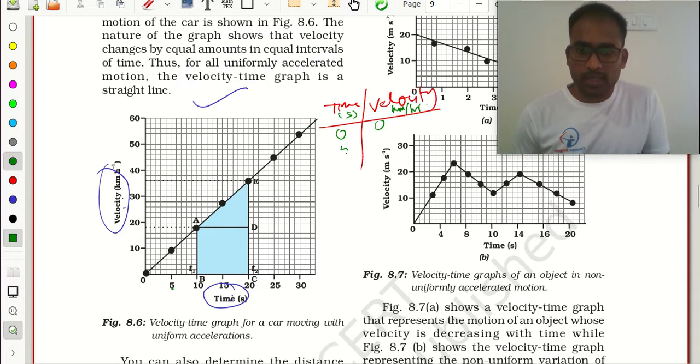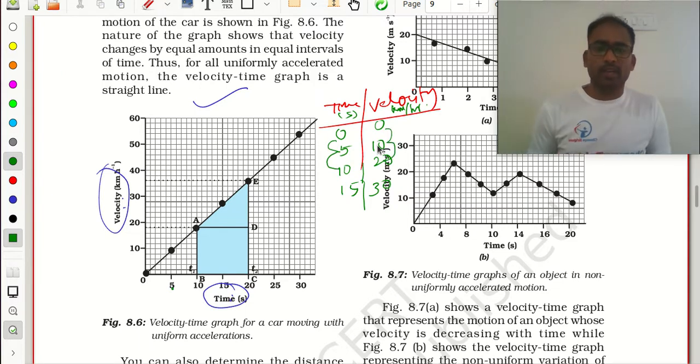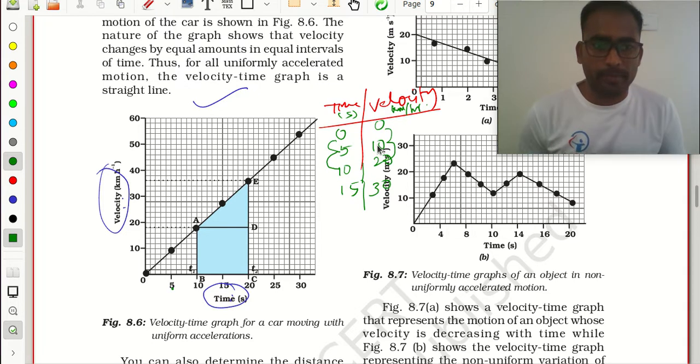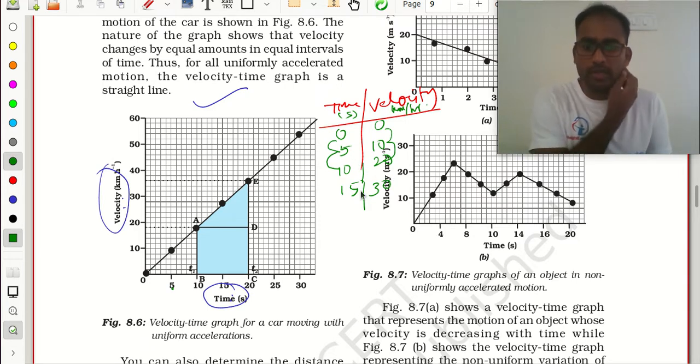For next 5 seconds it has 10. Next 10 seconds it has 20. Next 15 seconds it has 30. So how is it changing? For each 5 seconds the velocity is changing by 10 kilometer per hour only. Understood? For each 5 seconds the velocity is changing by 10 kilometer per hour.